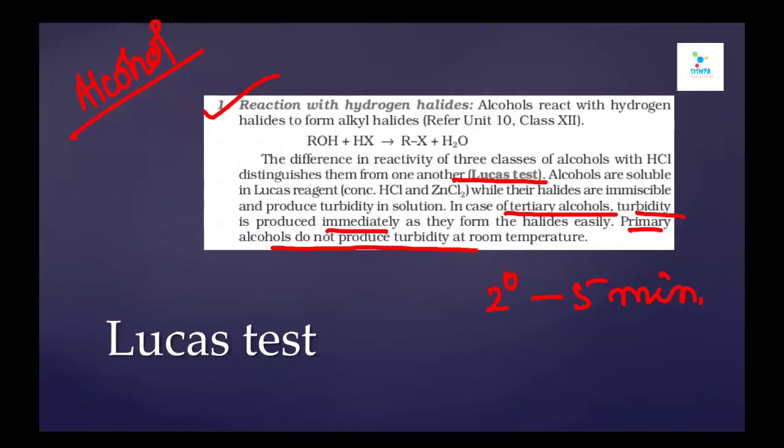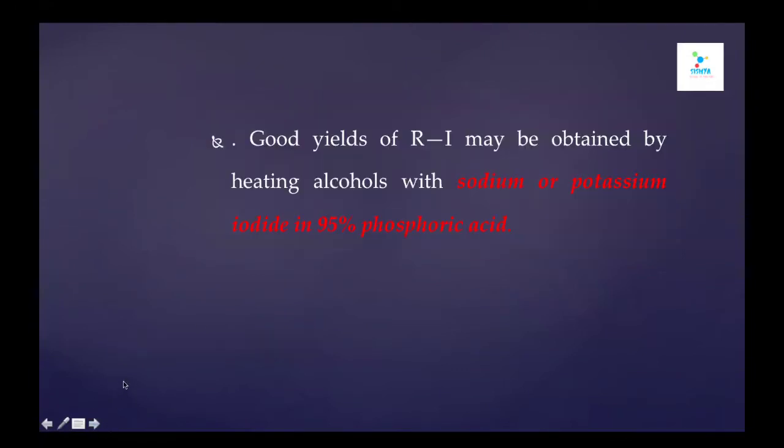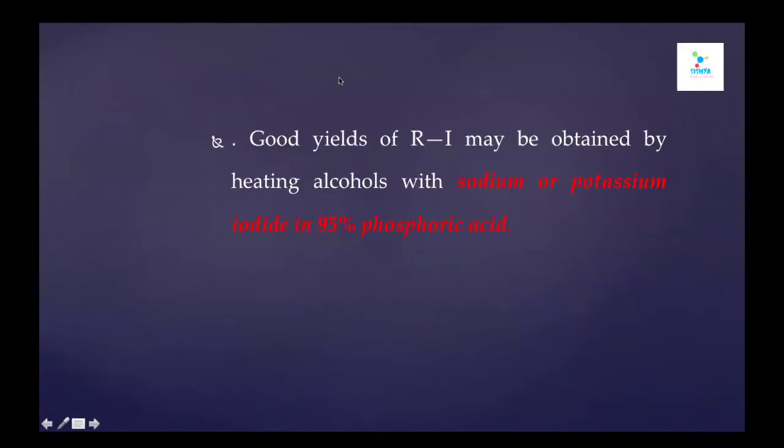And last but not the least, let's discuss a few questions that have already been asked in your classes. RI may be obtained by taking the alcohol ROH plus NaI, NaBr, and NaF.